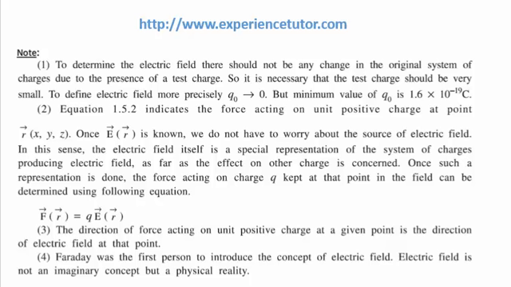2. Equation 1.5.2 indicates the force acting on the unit positive charge at point R, X, Y, Z. Once E(R) is known, we do not have to worry about the source of electric field.